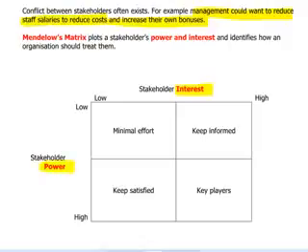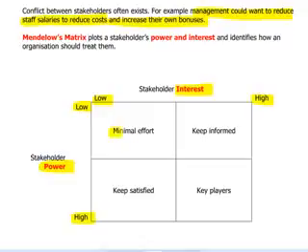It's quite a simple matrix where we have low and high and low and high. So the example we've got here: if a stakeholder has got a low level of interest in the business and a low level of power, what should management do to look after that stakeholder?